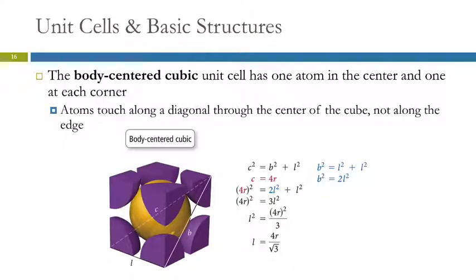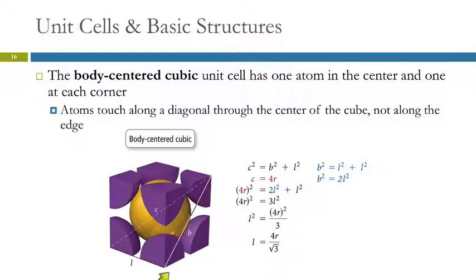Okay, on to the next unit cell. Body-centered cubic unit cell. So the body-centered cubic unit cell has one atom in the center and then atoms at each corner. Okay, so now the atoms along the edge are not actually touching because there's this one in the middle that's kind of pushing them apart.